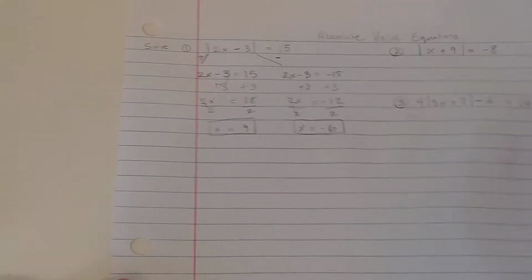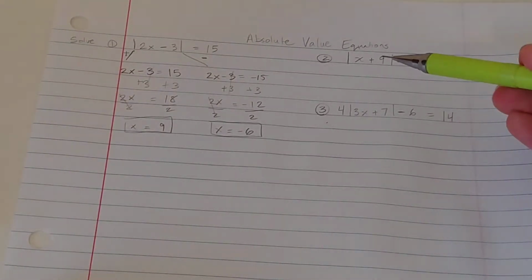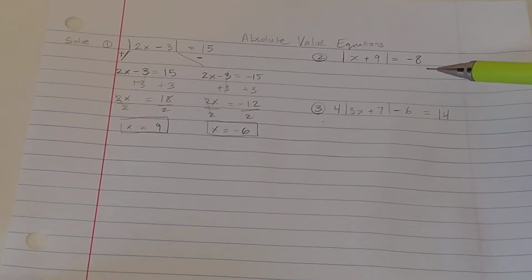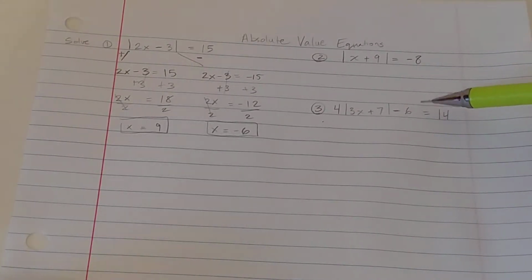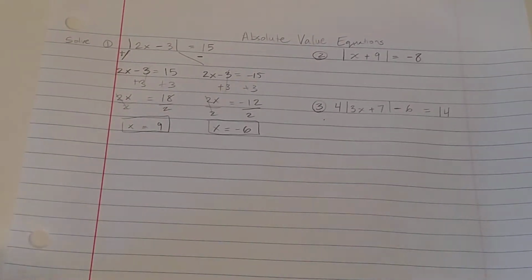All right, so if you look at question 2, it says the absolute value of x plus 9 equals negative 8. Now, notice that I just left a little bit of space here. The reason why is because right away we'll know this one has no solutions. Why? Because the absolute value is the distance of the number to 0.